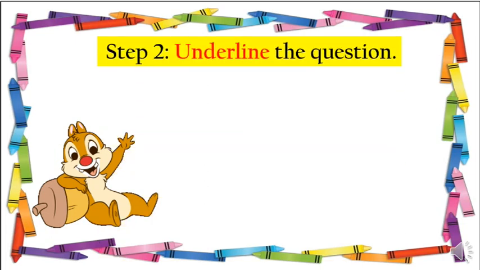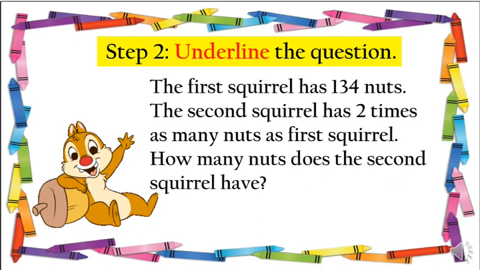The second step is to underline the question. So, can you find out what they are asking for? Amazing students! They are asking for the number of nuts with the second squirrel. Children, did you underline the question?